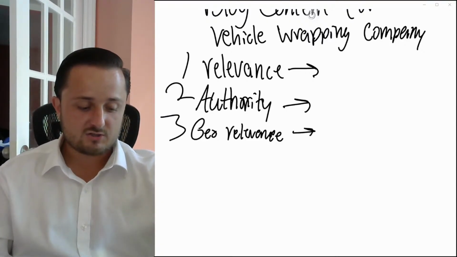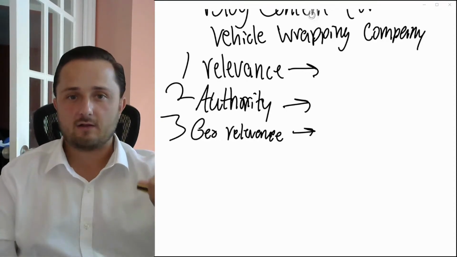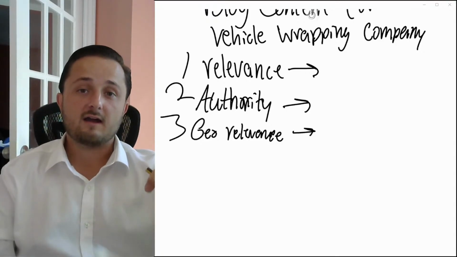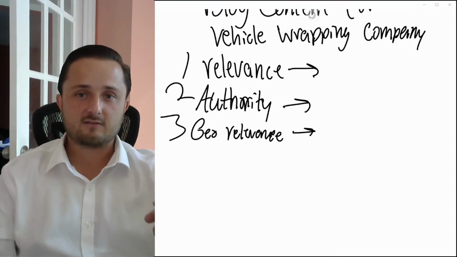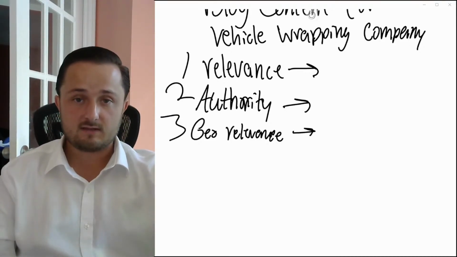Then we also have geographic relevance. What this means is that we're going to talk about the surrounding area. So let's say that I'm located in Pensacola, Florida. I'm going to talk about Pensacola, Florida, and when someone is in that area near me, right?